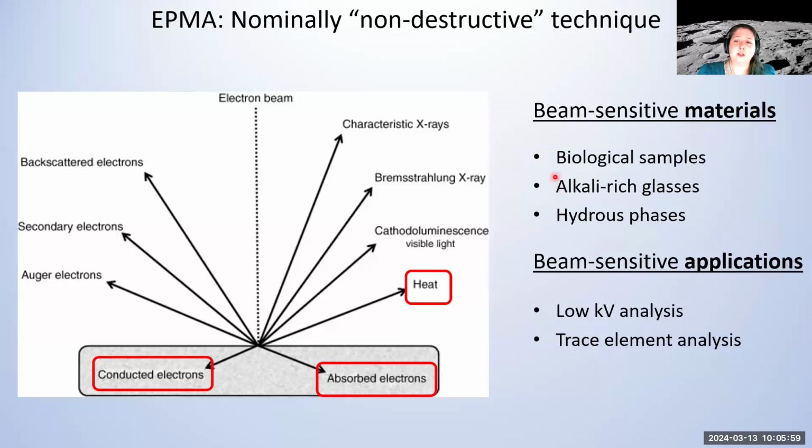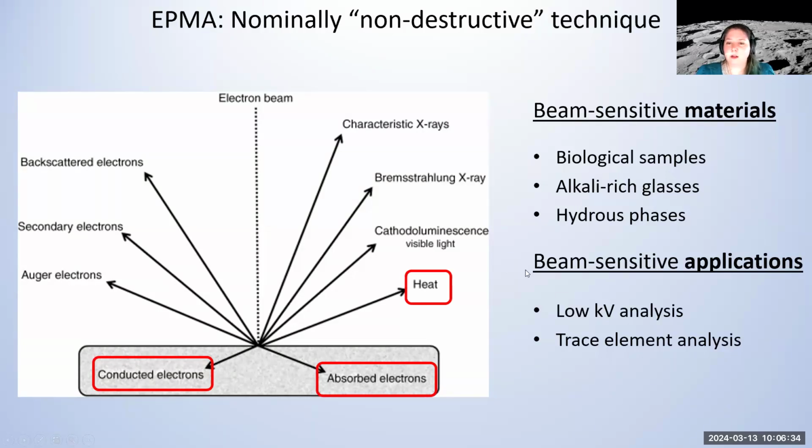We also generally see effects during the analysis in alkali-rich glasses, and in general for the earth scientists, a common problem: we have a lot of minerals that contain water or OH, but also halogens, and they tend to be easily damaged during analysis.